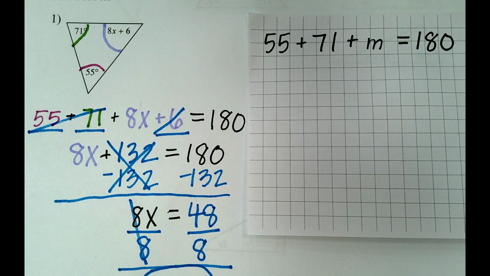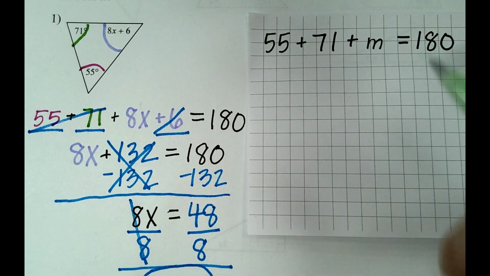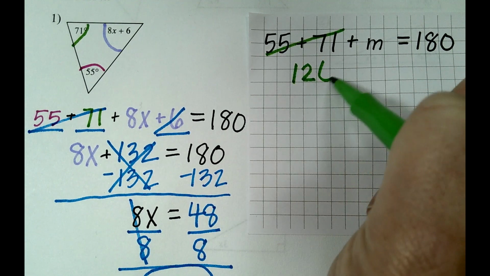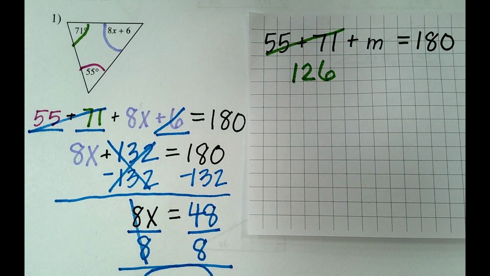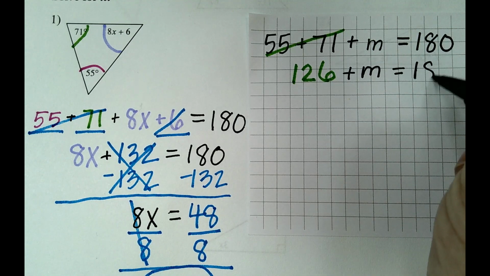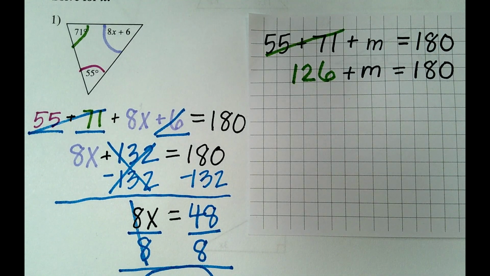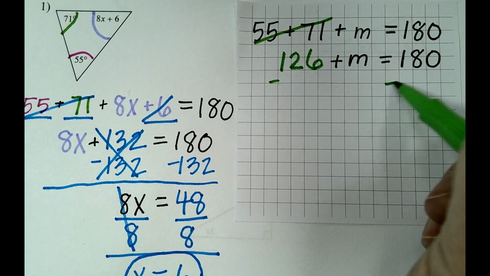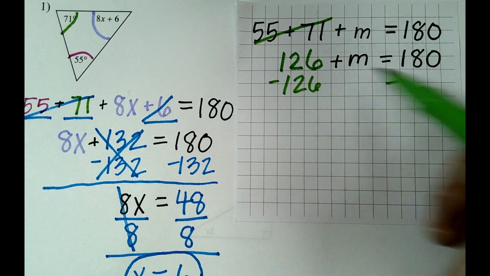Perfect. So let's do that. 55 plus 71, what did you say you got? 126. And still plus m equals 180. And then what did you do next? 180 minus 126. Good. Minus 126.